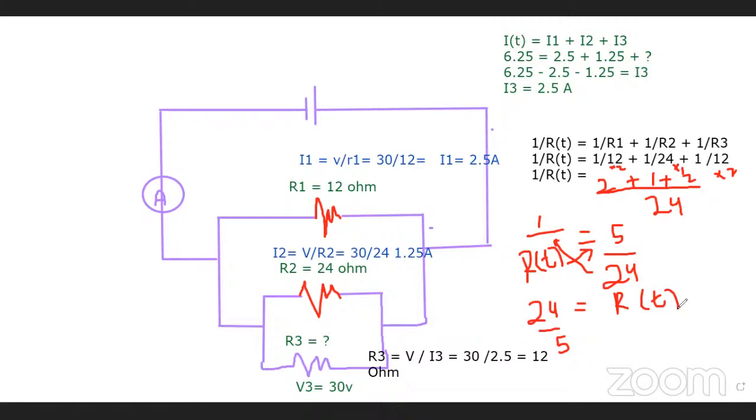Divide 24 by 5. 4.8. Very good. So RT, the total resistance that we got, is 4.8 ohms. Fine.